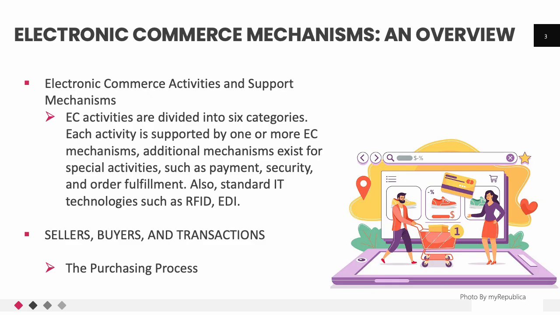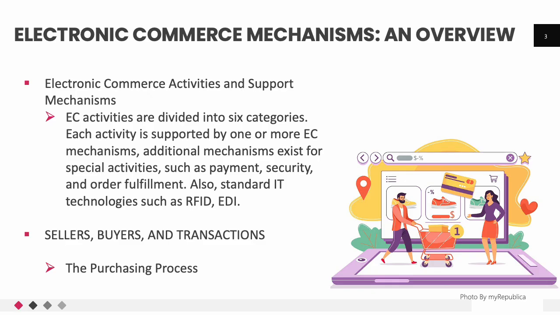Okay, so the electronic commerce, we say EC or e-commerce, activities and support mechanisms include some kind of activities which are grouped into 6 categories. And this slide doesn't list them.